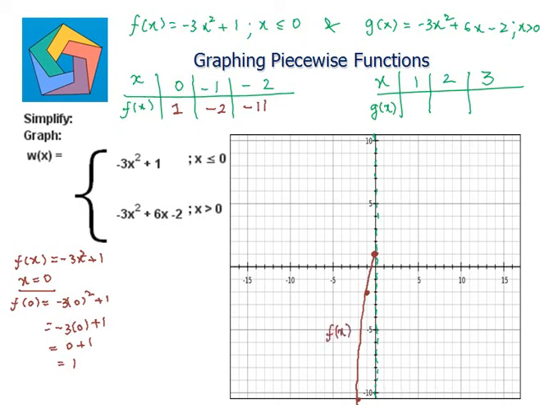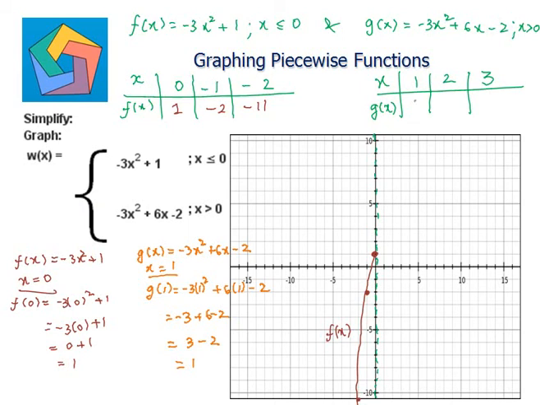Now let us graph g of x. My g of x is minus 3x squared plus 6x minus 2. If x is 1, my g of 1 will be negative 3 times 1 squared plus 6 times 1 minus 2, which is minus 3 plus 6 minus 2, 3 minus 2, which is 1.